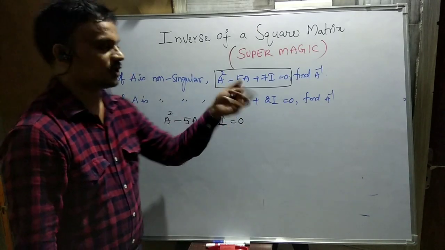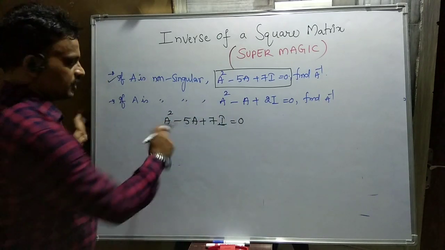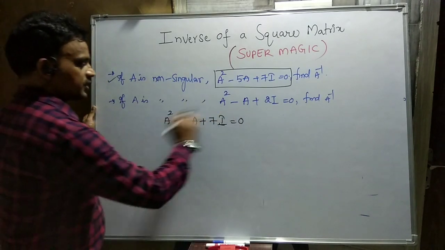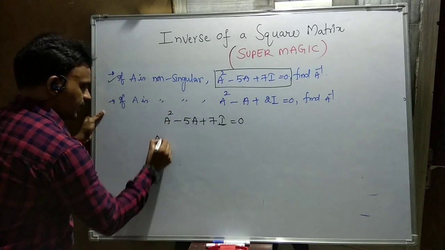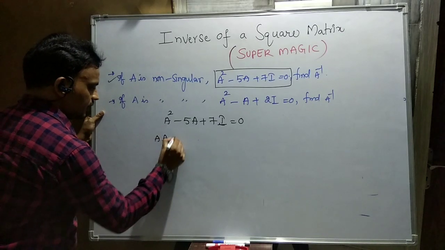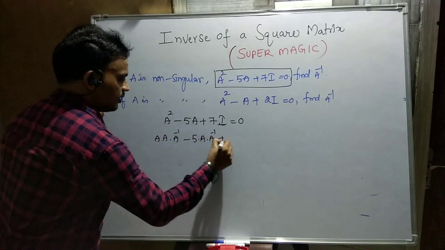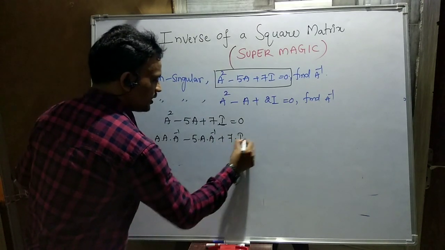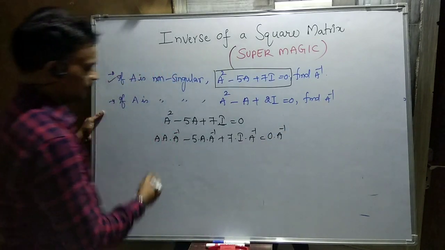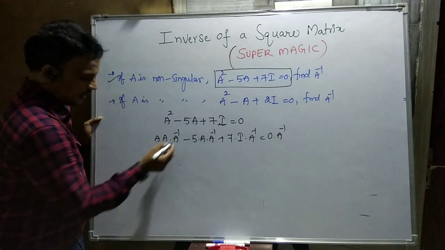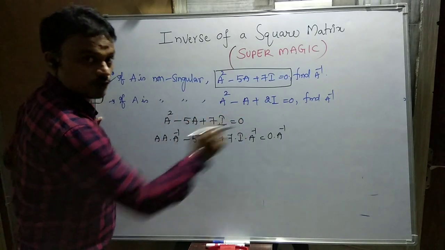From this equation, how do we get the inverse? Throughout the equation, multiply both sides with A inverse. So A into A into A inverse minus 5A A inverse plus 7 into identity into A inverse equals 0 matrix into A inverse. Here I have multiplied the entire equation with the A inverse matrix.